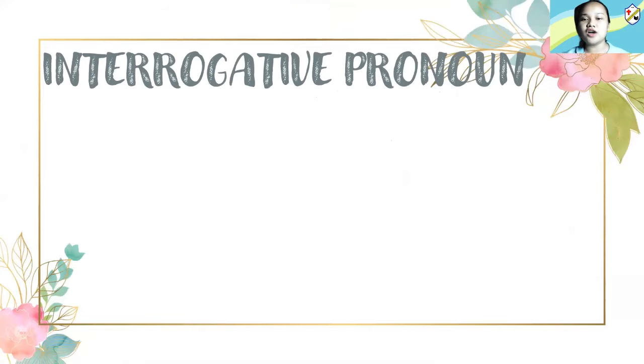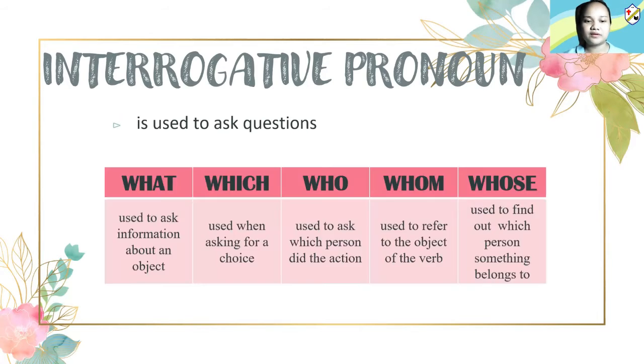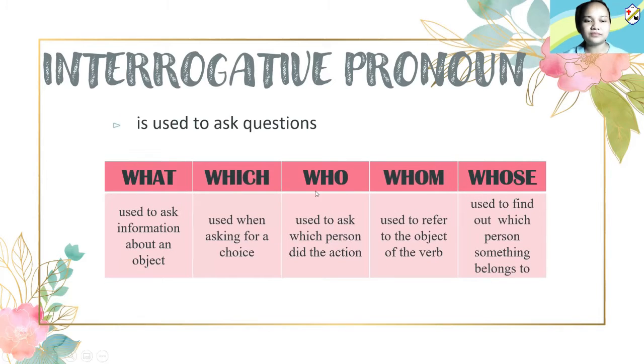First is the interrogative pronoun. Interrogative pronouns are pronouns used to ask questions. These are the pronouns that fall under interrogative. First, we have what. When we say what, it is used to ask for information about an object or someone.